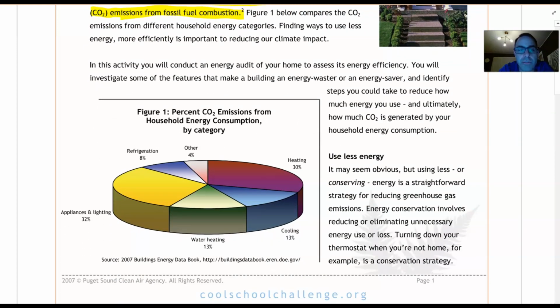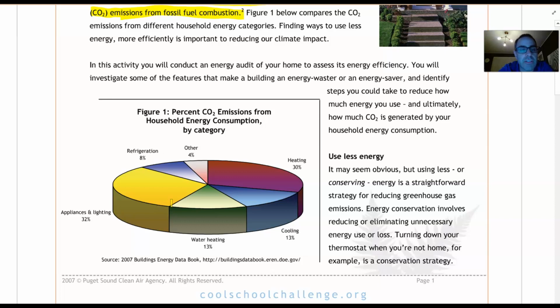So what we can do is look at all these different categories, and some of them we can change and others we can't really change too much. Or some of them we can make real simple changes to how we buy things and stuff like that. Other ones would take a lot of money. And so we're going to examine that right now. In this activity, you will conduct an energy audit of your home to assess its energy efficiency.